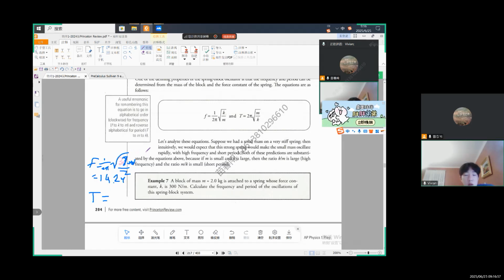Yeah, it's 300. 300 divided by 2 is 150. Basically, square root of 150 times 1 over 6.28.